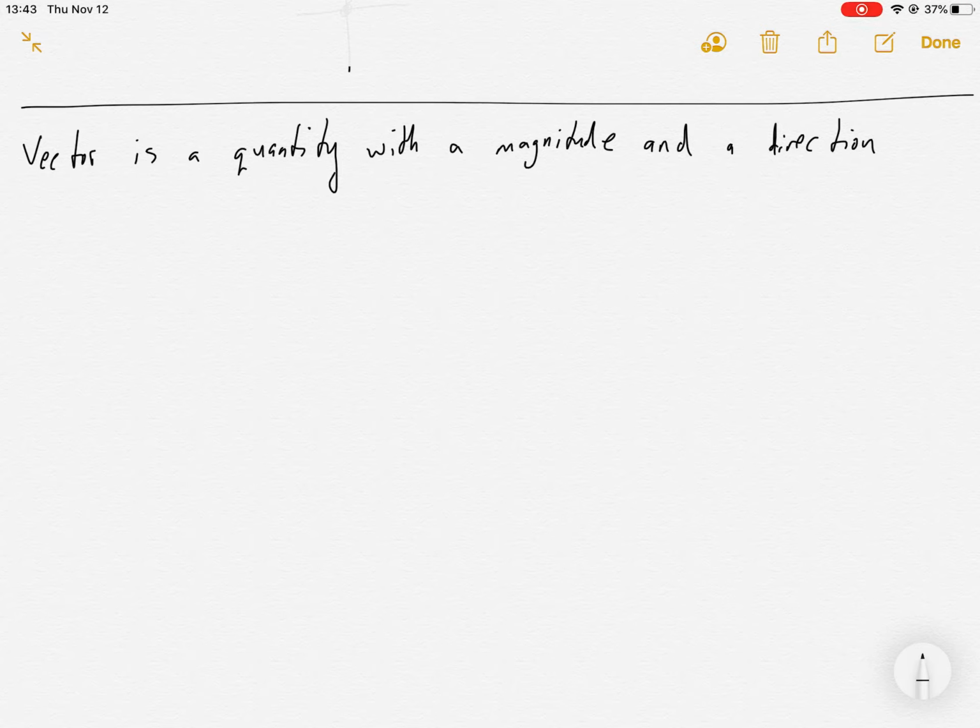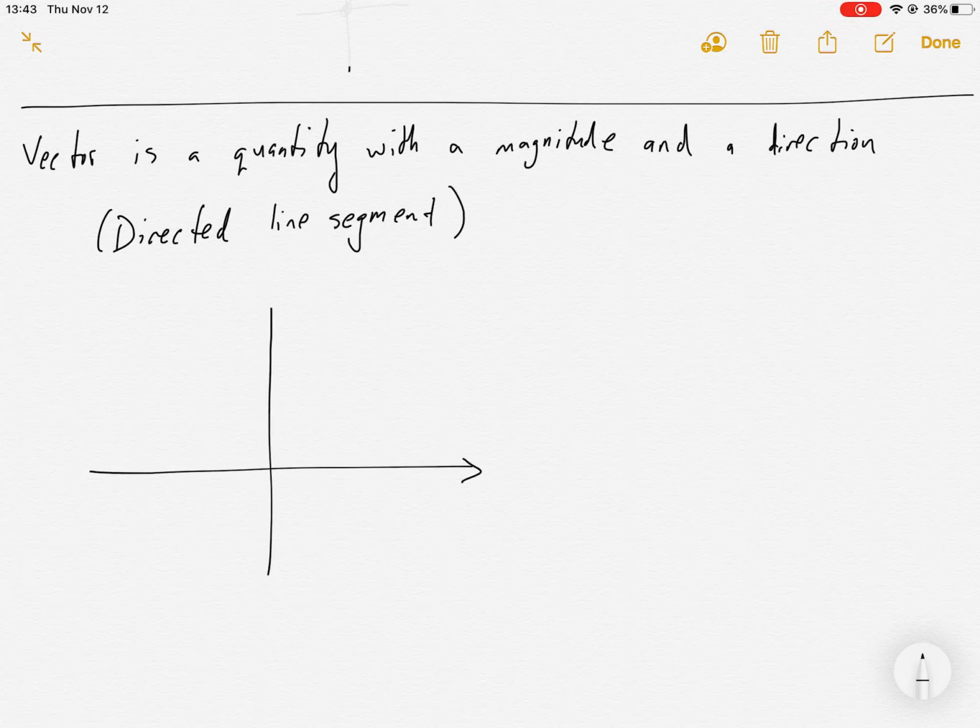In terms of this definition I've written down, it's still not really formal. That's probably as formal as I need to get, though. Another way to think about a vector is it's really just a directed line segment. So as an example, let's say I have my coordinate plane here, x and y. Let's say we have a vector.